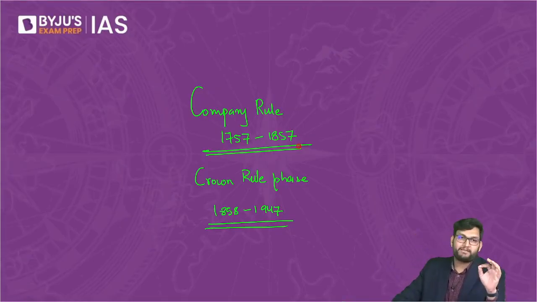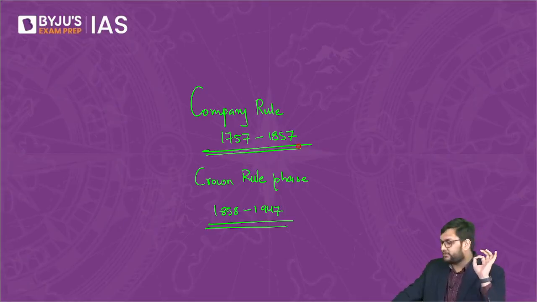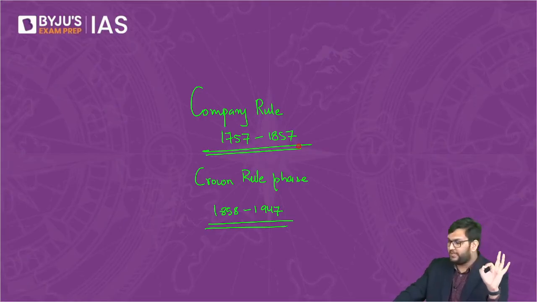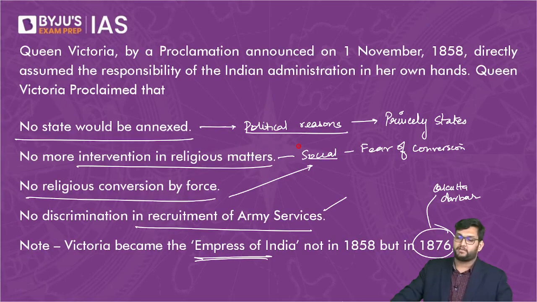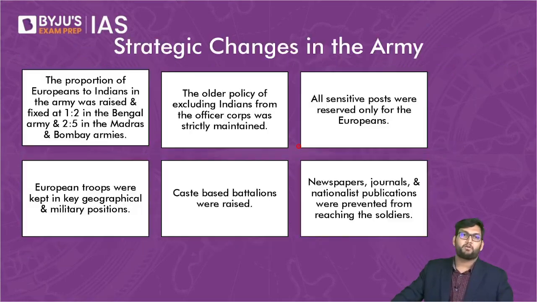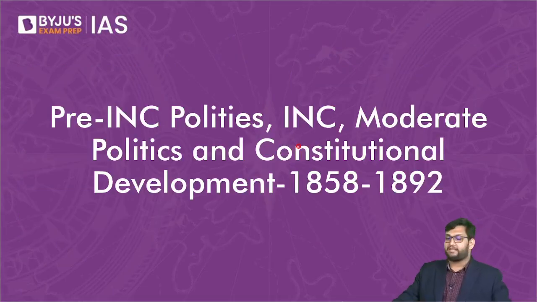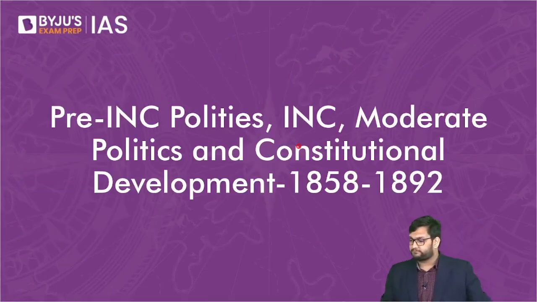The simple point of the matter is, when I say crown rule in India, now you understand what it means: that the crown controls India via the Secretary of State for India, who's a cabinet minister in the British Parliament. If this is clear, then I would like to transition to what now really matters to us, which is the concept of pre-INC, INC moderates.